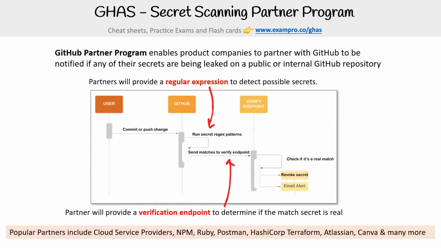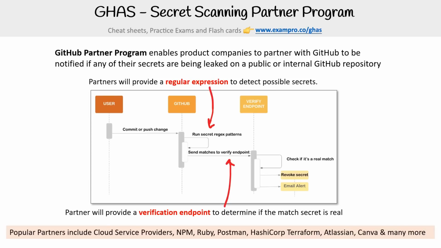In the case of an Amazon example, if a user makes a commit or pushes a change, GitHub would run a secret regex pattern based on what the partner has shared. So in this case, if it was AWS or Amazon Web Services, a cloud service provider, if they were to say all our access keys or secrets are shared in this particular format, GitHub would be able to run a regex pattern on the information being committed by the user to GitHub.